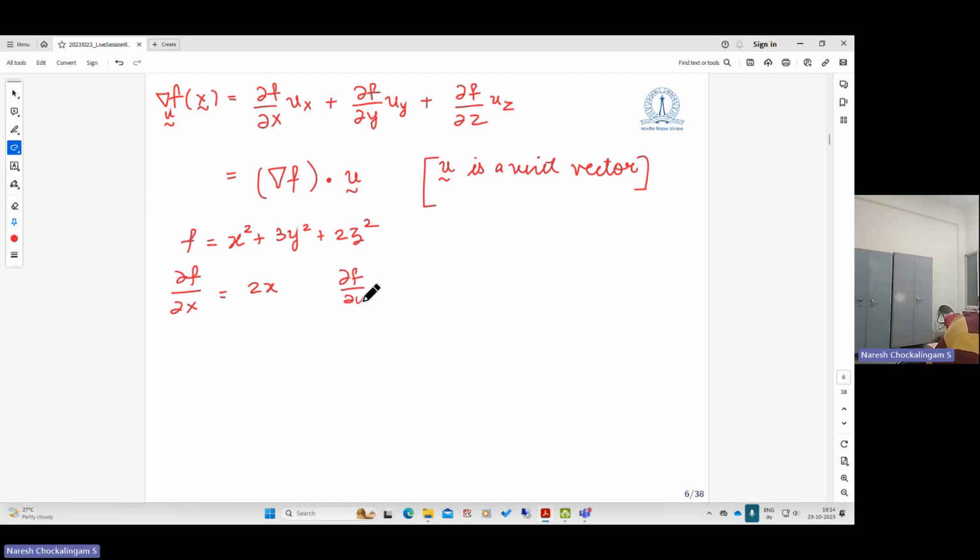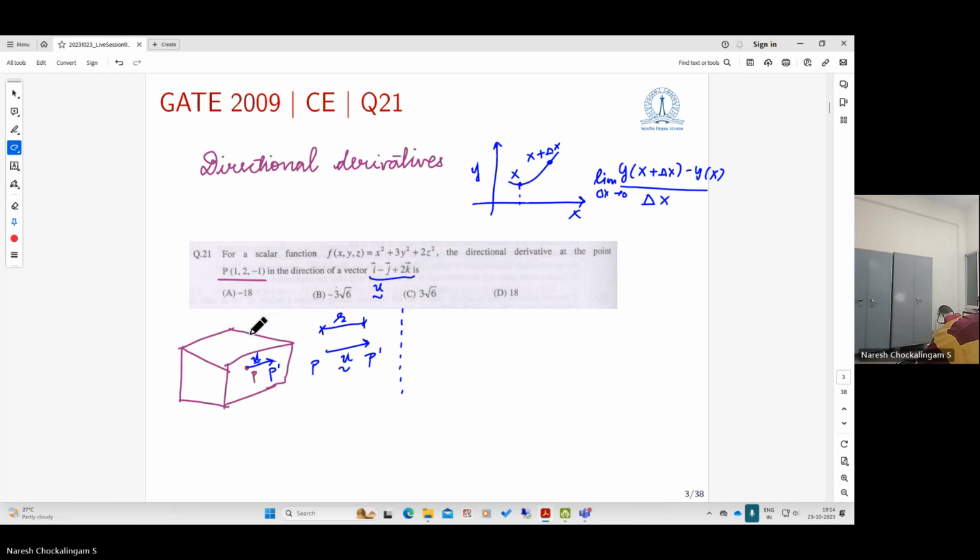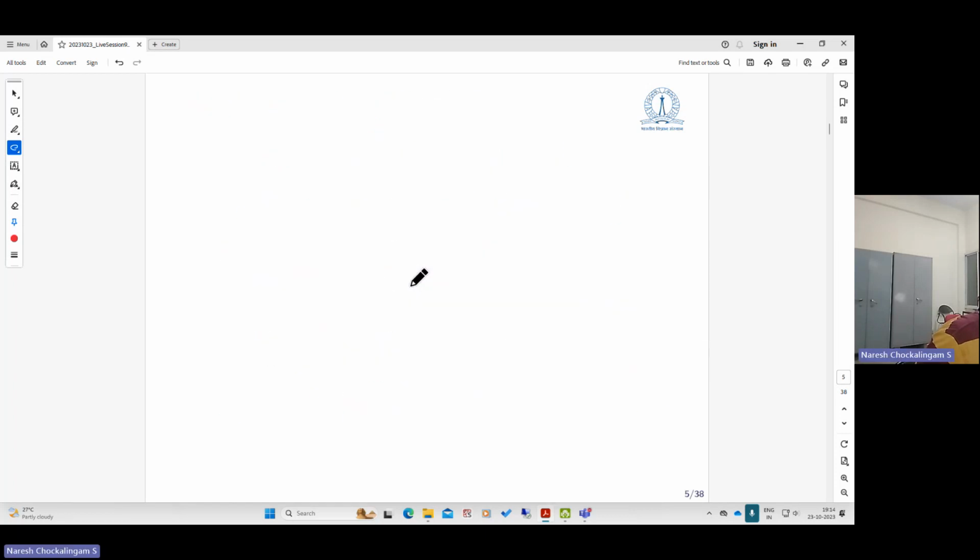Partial f with respect to y is nothing but 6y. And partial derivative of f with respect to z is 4z. And the unit vector u, the given vector u is i minus j plus 2k.